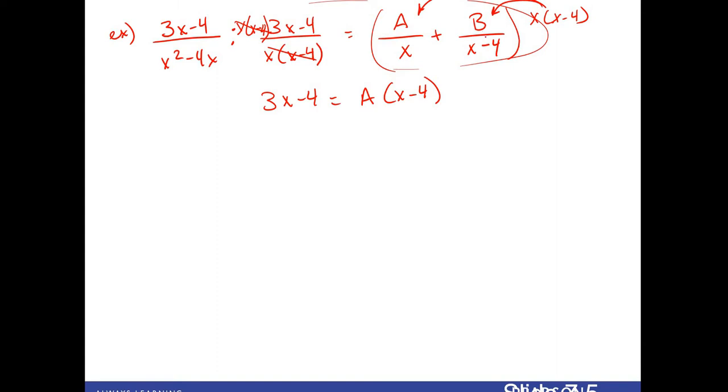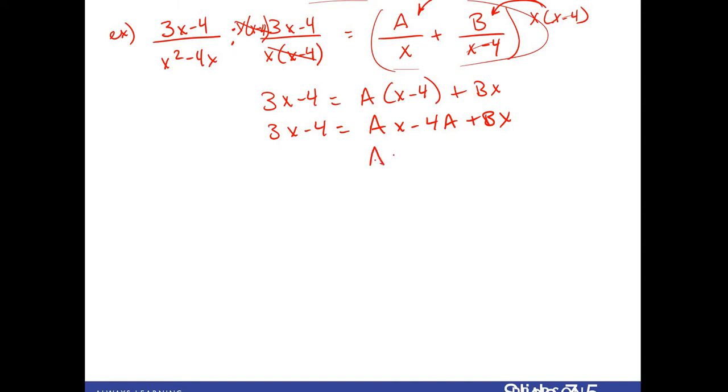When I distribute over the second fraction, the x minus 4's cancel, and I get bx. So let's continue to expand this. 3x minus 4 equals ax minus 4a plus bx.